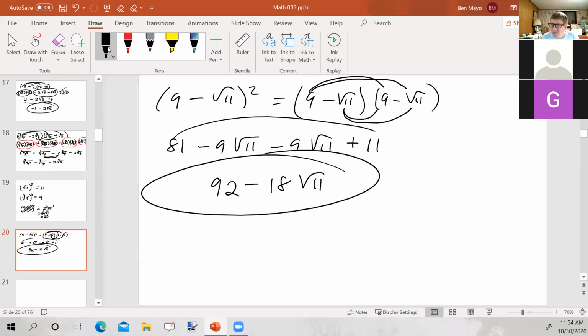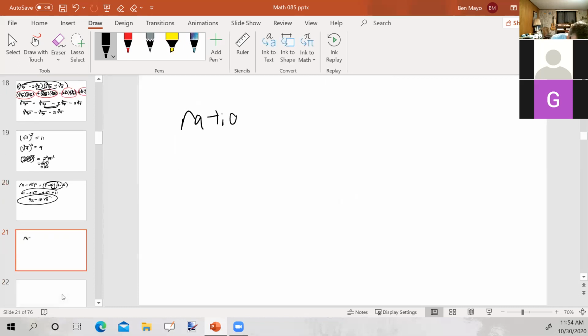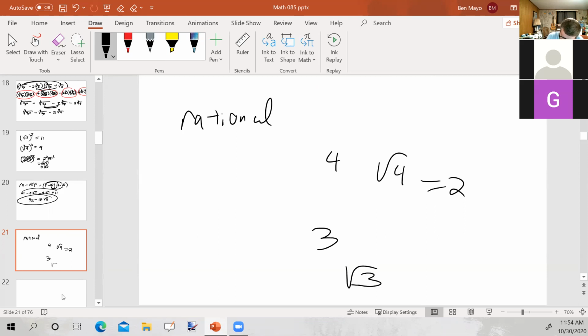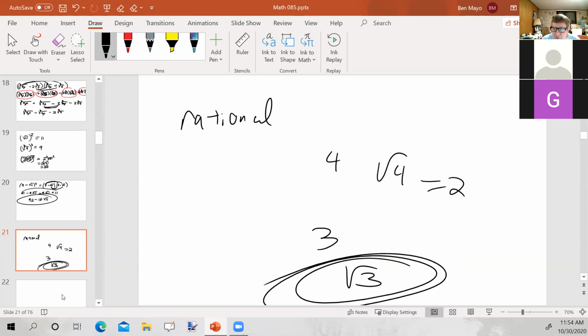No. New idea. Okay. We're going to do what's called rationalize the denominator. But before we do that, let's talk about rational. Four is a rational number. The square root of 4, which is 2, is a rational number. 3 is a rational number, but the square root of 3 is not rational.